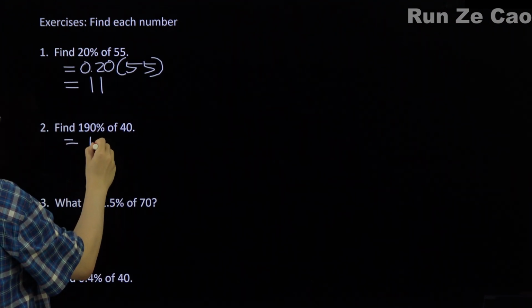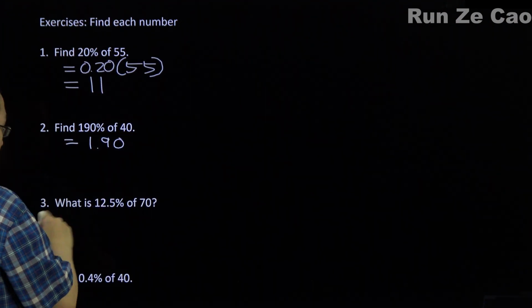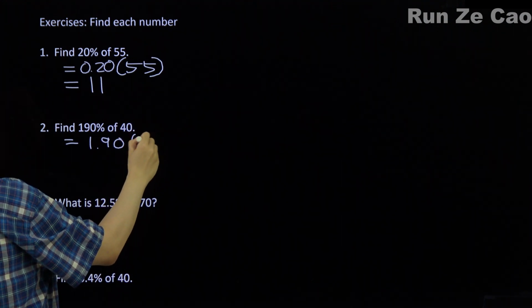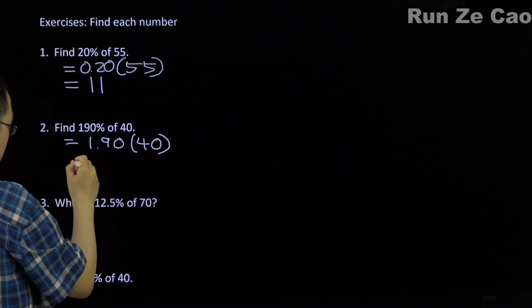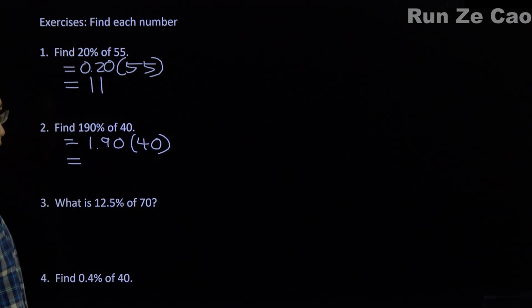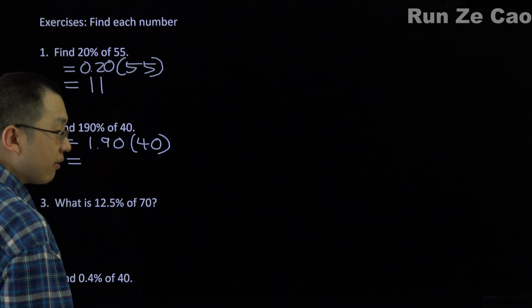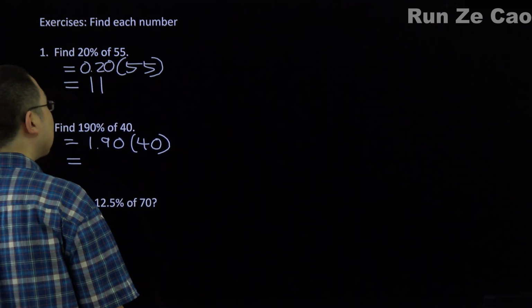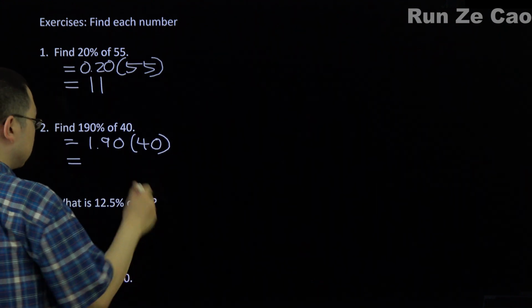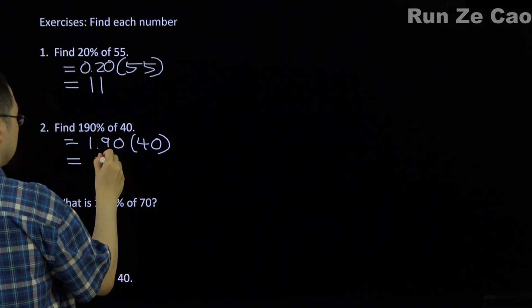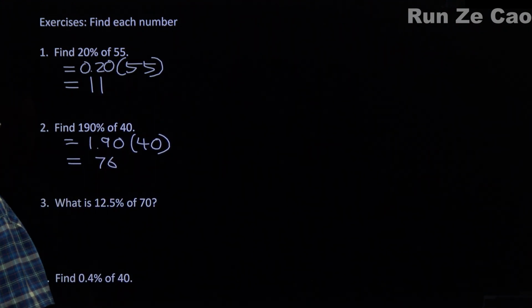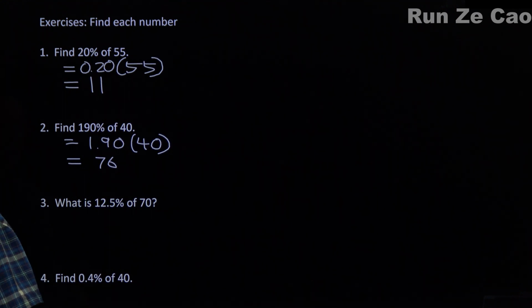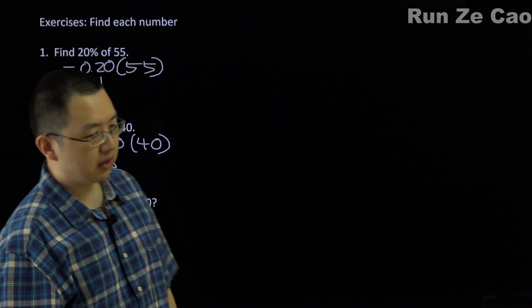Well, 190% is 1.90 times 40. 1.9 times 40 is equal to 19 times 4. So that's 76. Now what is 12.5% of 70?